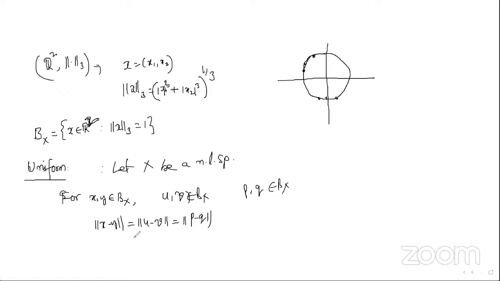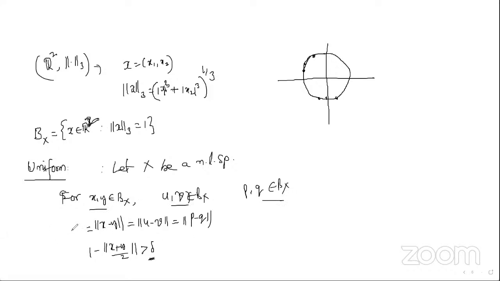In this case, what we need is that the distance from the boundary to the midpoint should be greater than some delta, and this delta is independent of the choice of pairs.